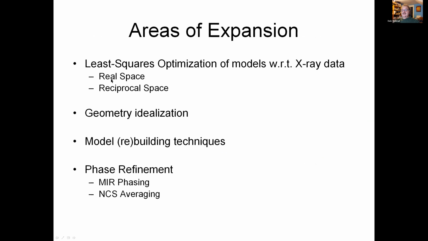So I'm going to talk about several areas of development that really blossomed in the 1970s, that there was a tremendous amount of implementation of code. The first one is the area closest to me, since I ended up working in this area later, which is the least squares optimization of models.